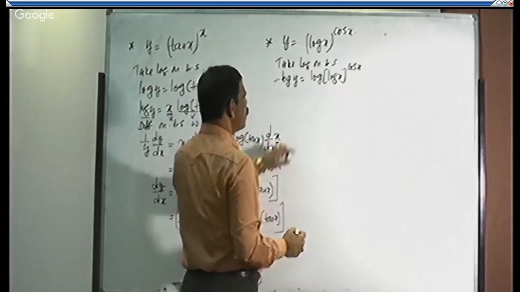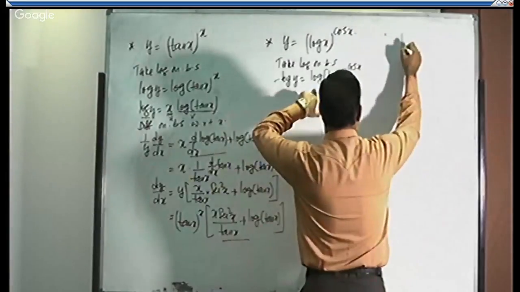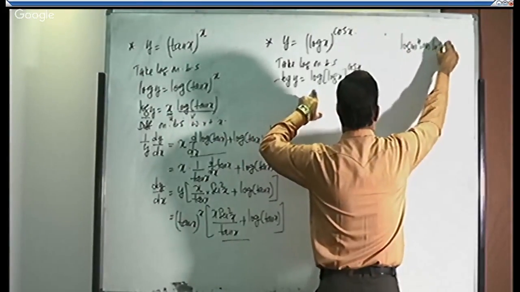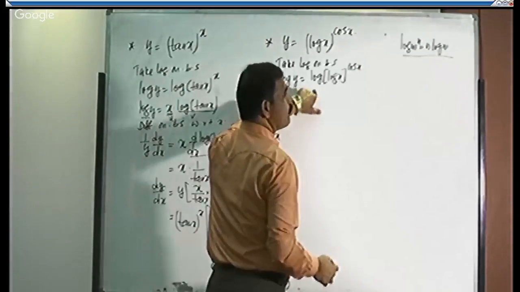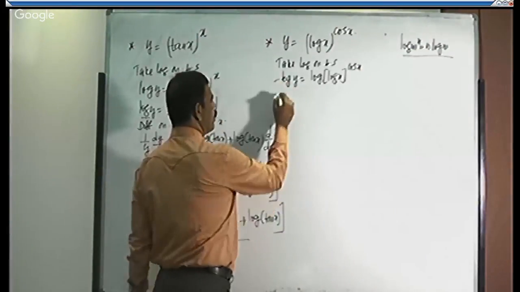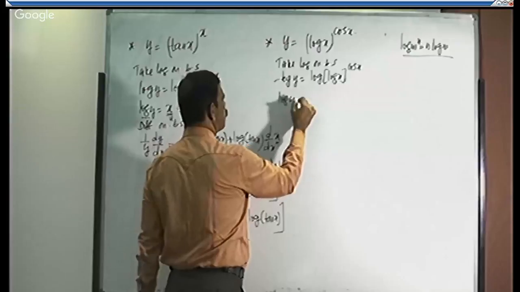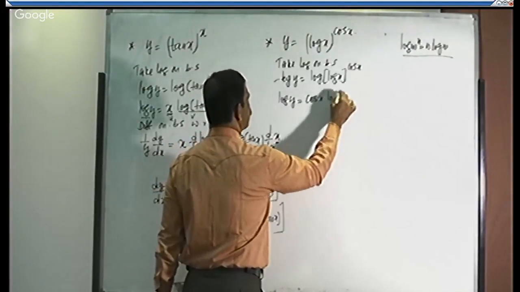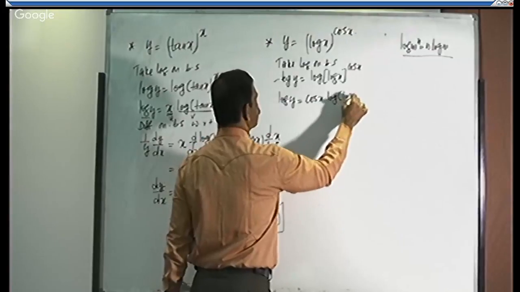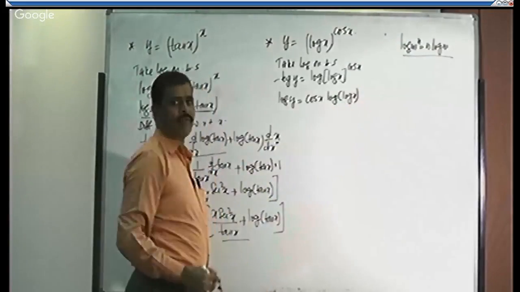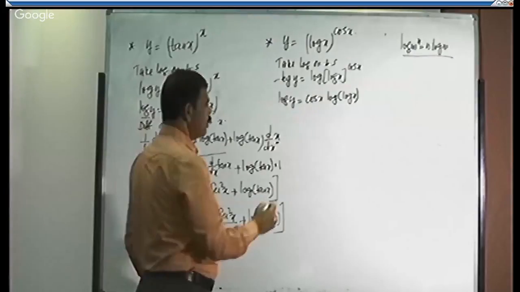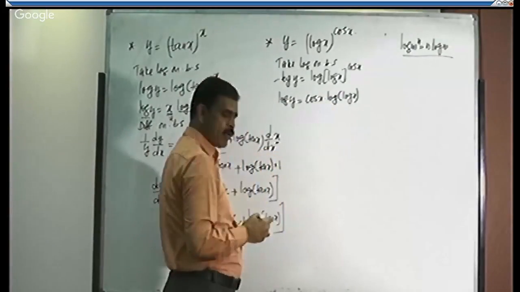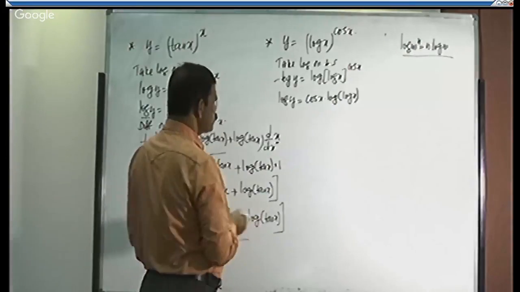According to the log law, log m power n is equal to what? n into log m. Most problems use that law only. So log y is equal to cos x into log x, right? Now it is in differentiable form. We can differentiate this on both sides.